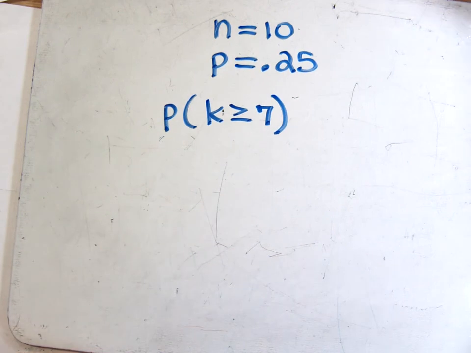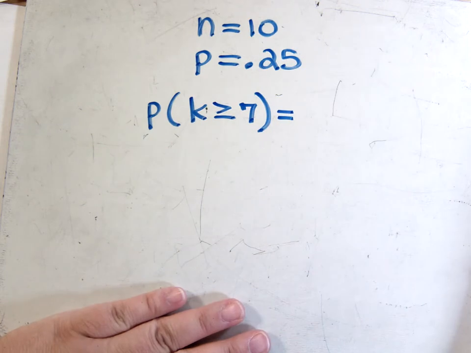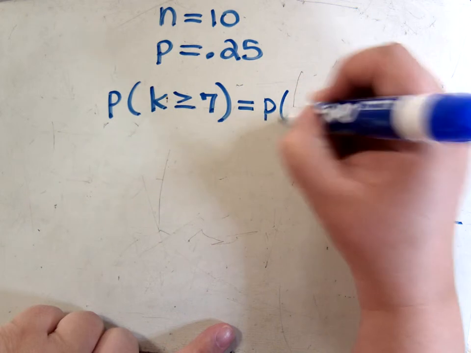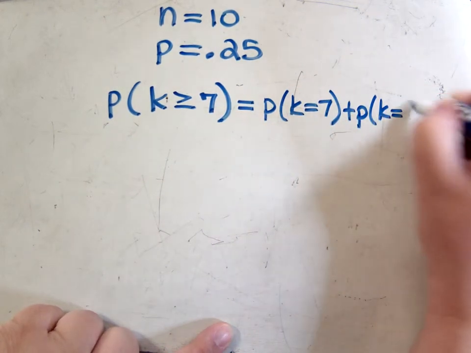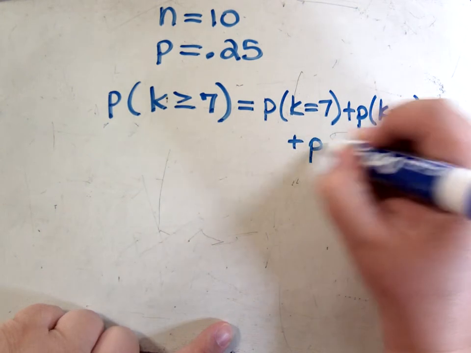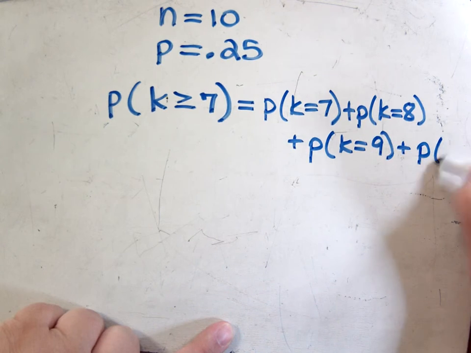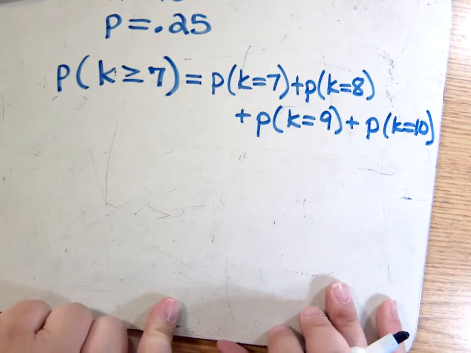Okay, so what you have to realize is that k is greater than or equal to 7, and you don't have to write this out, I'm just making a visual for you, is 7, 8, 9, and 10. Okay, so we could do it with the formula and just add those up.